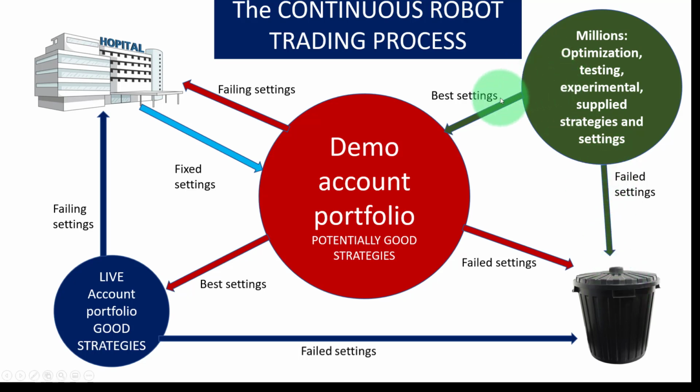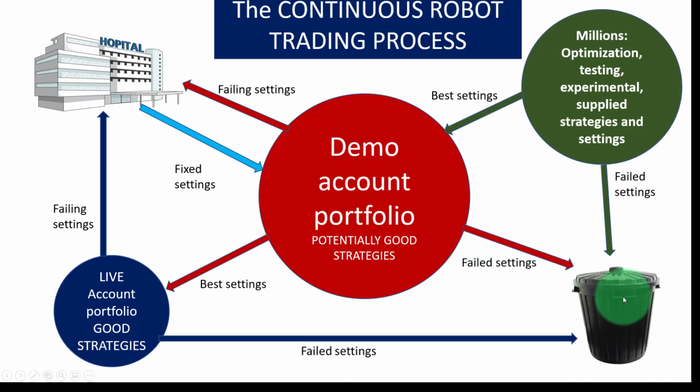We've only passed the best settings into our demo account portfolio, which will trade those settings on a demo account for a couple of weeks to make sure that we are happy with the results that we're getting from that portfolio. So let's say we've tested about 200 here, 20 of them are qualified. We feed those 20 in here and we trade them for two to 3 weeks.